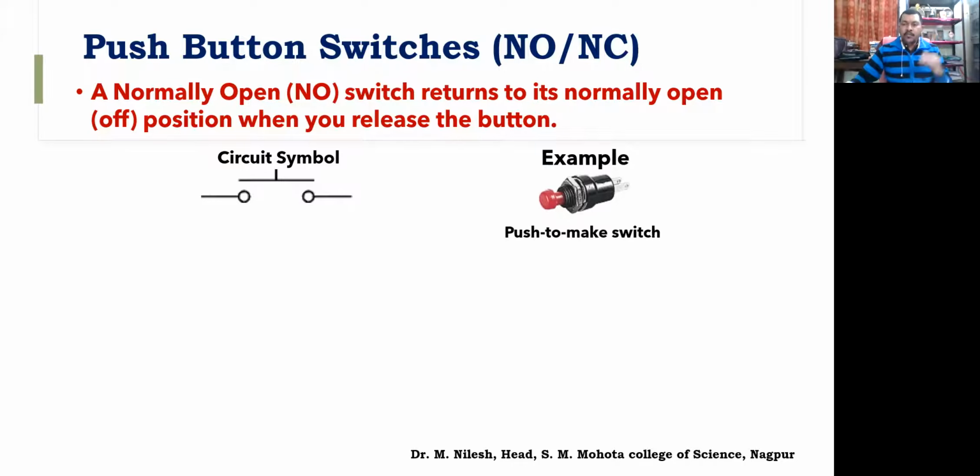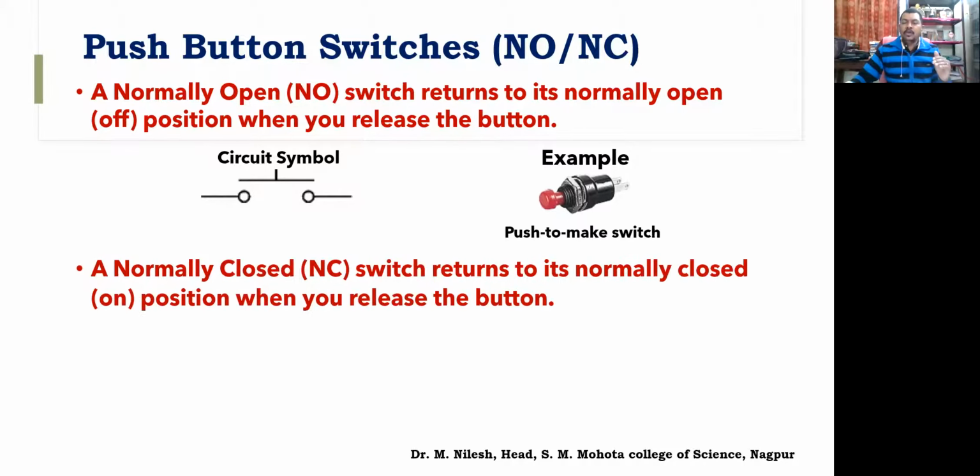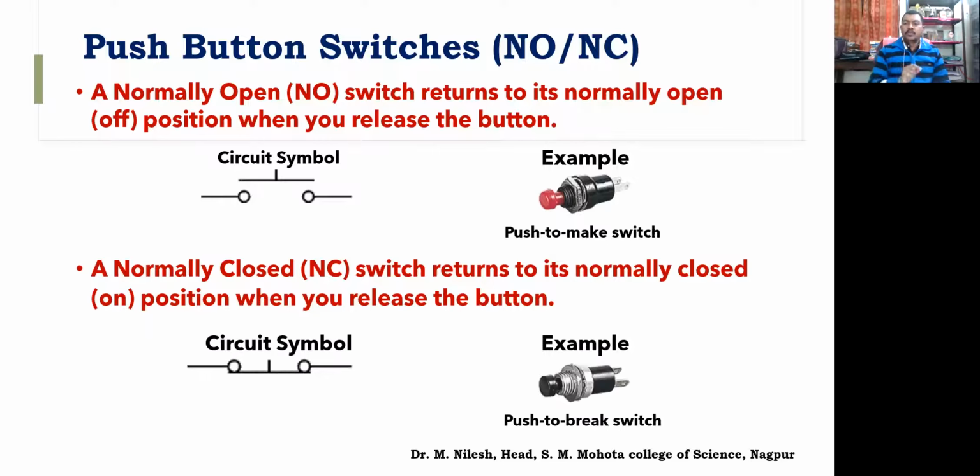Similar is the case for normally closed. Means what? The switch is normally closed. When we push it, it will become open, right? So normally closed switch returns to its normally closed on position when you release the button. So to break the circuits, we have to push, and to make the circuit, we have to release that.